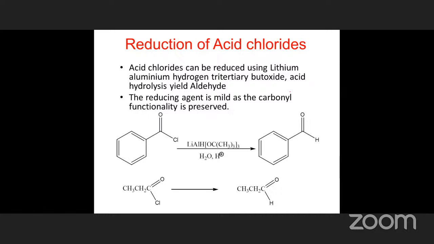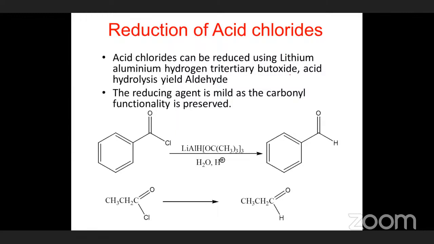Again, look at this: instead of an aromatic R, you have an aliphatic R in CH3, CH2. Then, again, subjected to the same lithium aluminum hydride, you're going to get an aldehyde. This aldehyde you've come across, so I'm sure you should know the name. Propanal, we said.